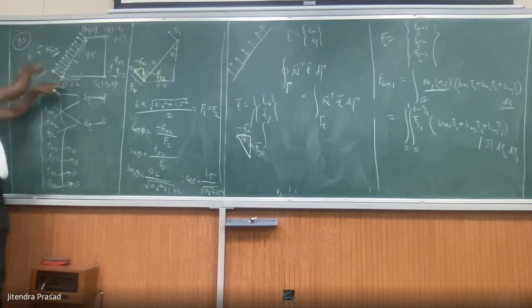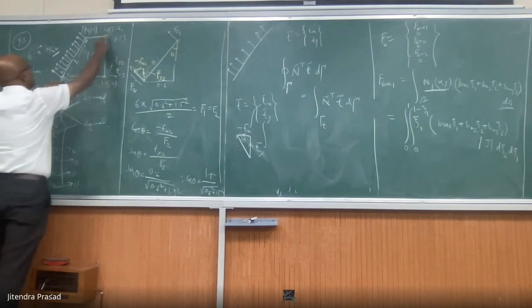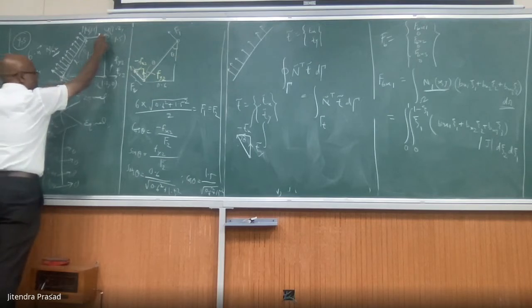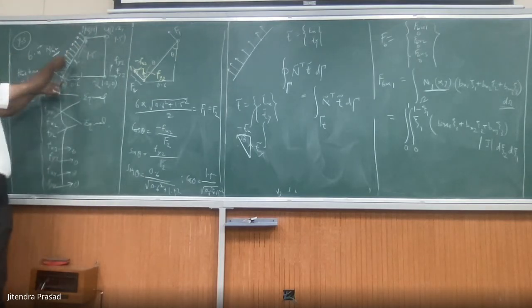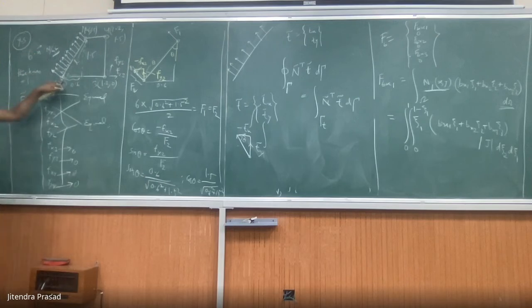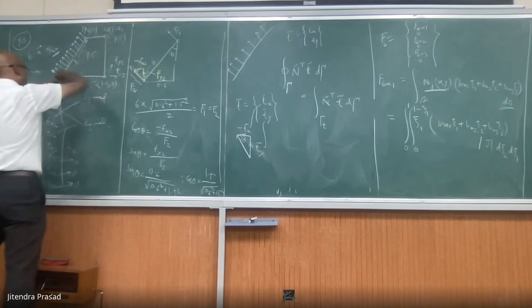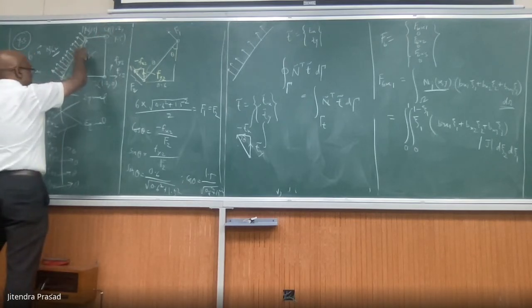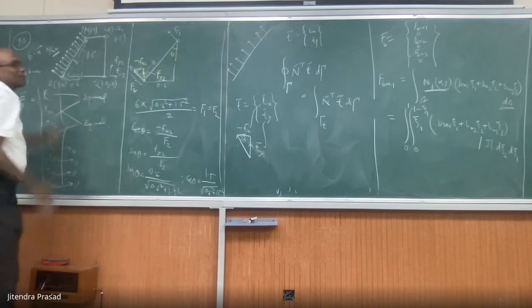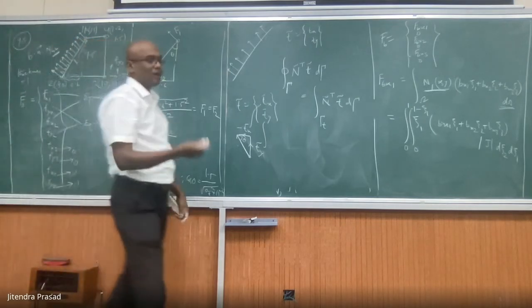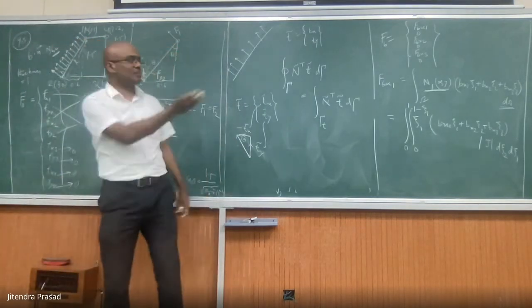N3 will be 0 here, so you get 0 corresponding to node 3. Then for node 4, you will get 0 as well. So these two forces will be 0, these two forces will be 0. For this one, you will see that for both the components you get half and half. So whatever way you calculated here, you do the same way.